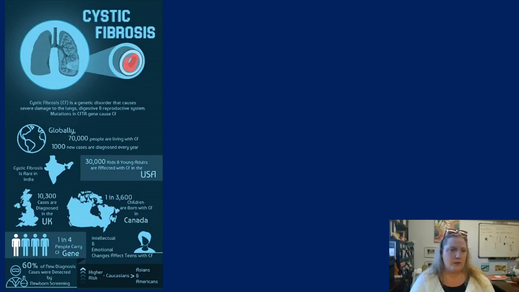And if you'll notice in this infographic here, that in the U.S. right now we have about 30,000 people living with CF. In other parts of the world, it is more rare. It is found far more commonly in Caucasian populations, where 1 in 4 people actually carry a defective version of this gene.